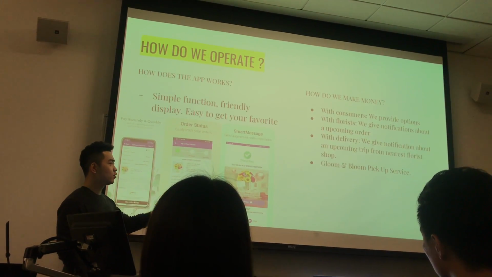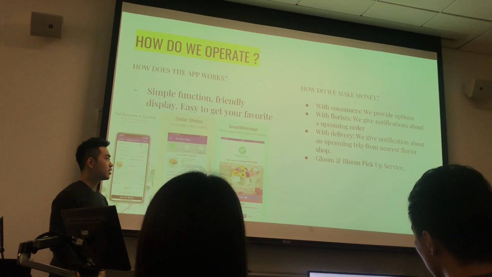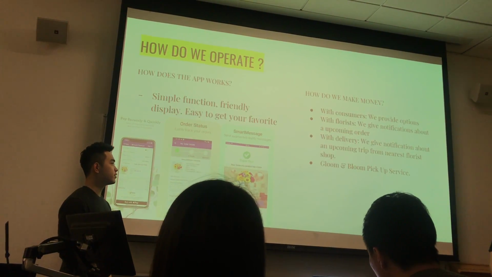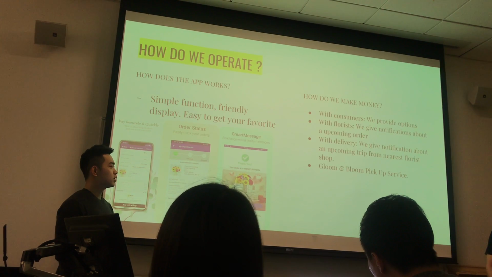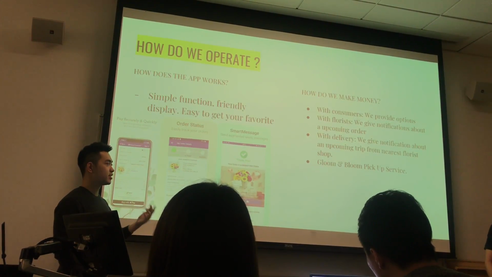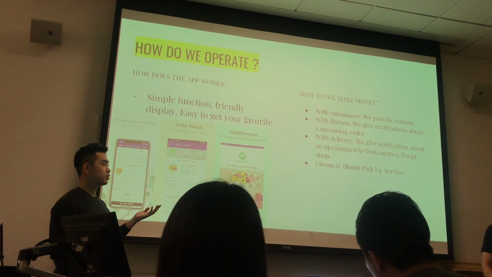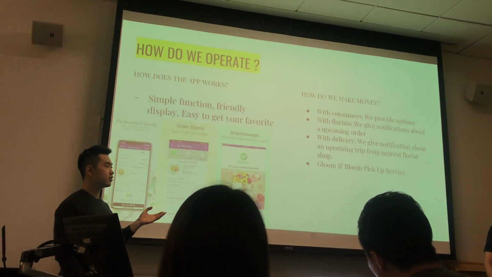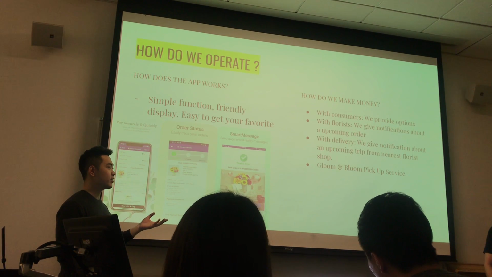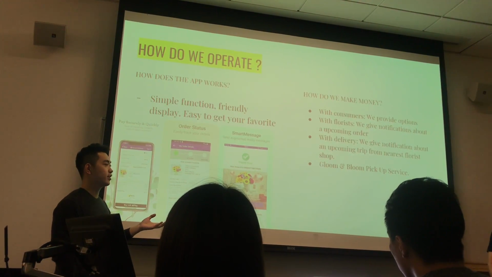The last one is the Gloom and Bloom pickup service. You can choose the flowers and customize them at your favorite florist shop, and then pick them up yourself, so you can check the quality yourself before you pay for it.